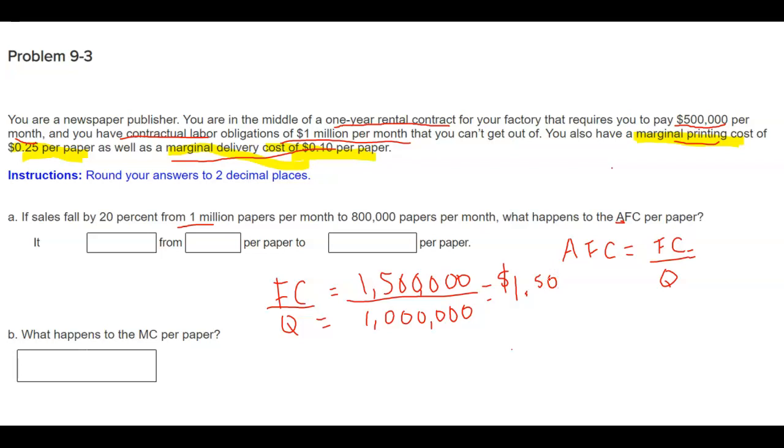Okay, so when we're producing 1 million newspapers, it costs us $1.50 in fixed cost.